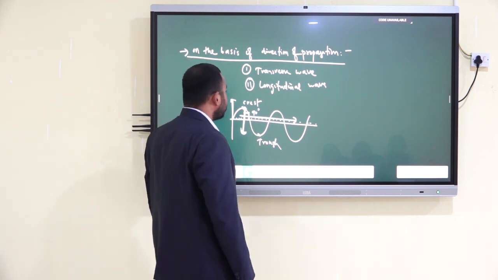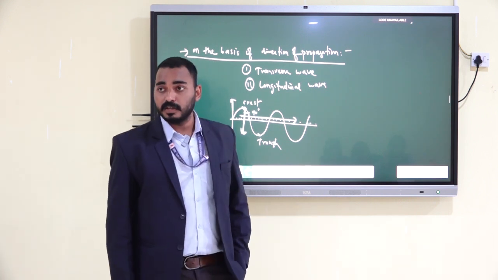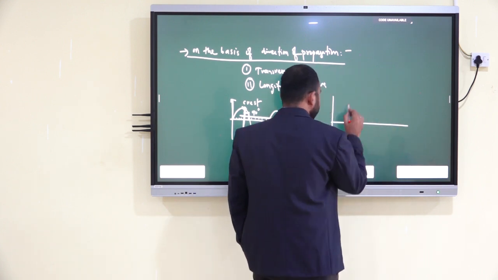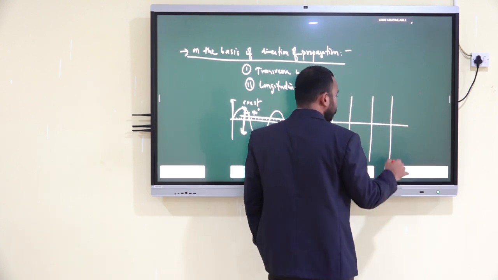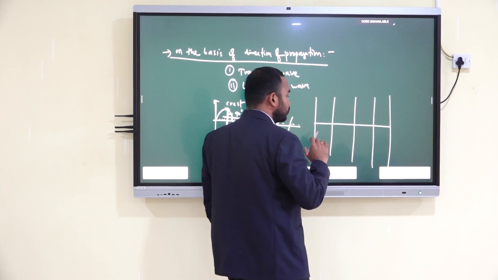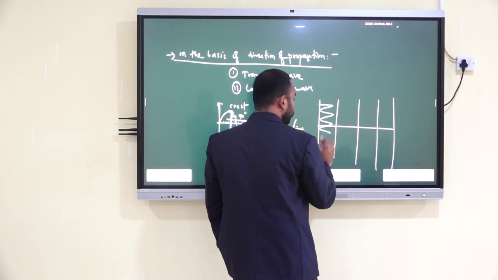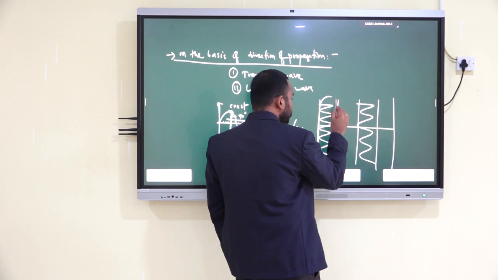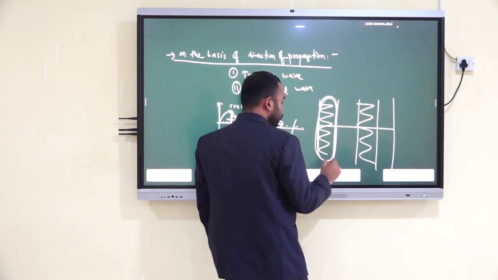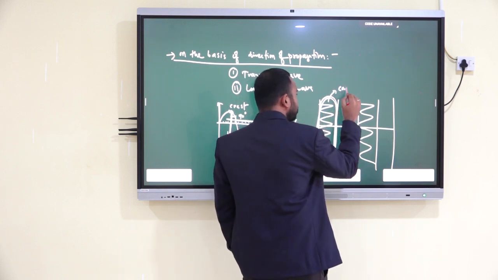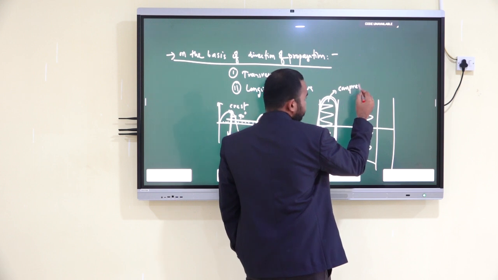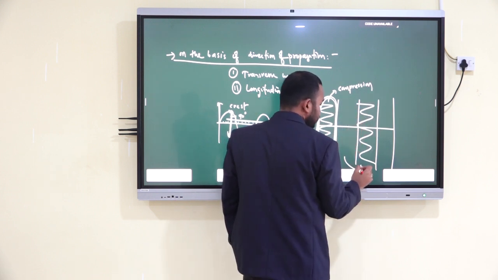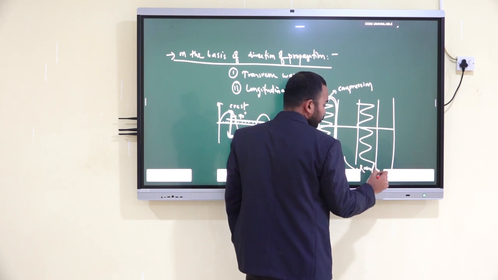Now what is the difference between transverse wave and longitudinal wave? There are different points in case of longitudinal wave. First we will discuss that longitudinal wave will travel on the basis of phases. See, there is a phase. This particular region, first we will call this a compression region, and this particular region is known as rarefaction.